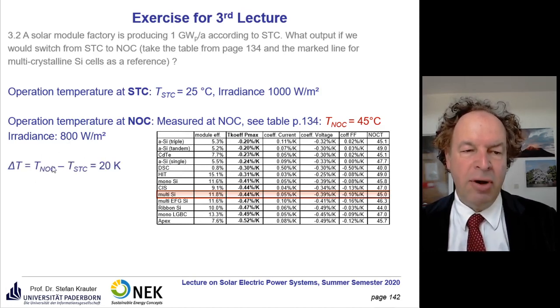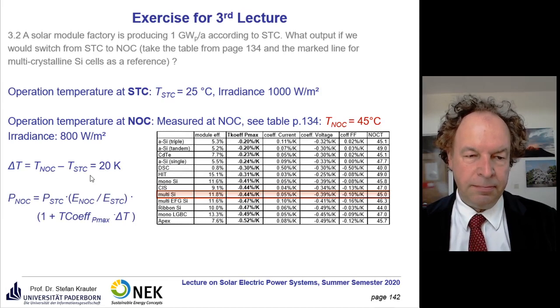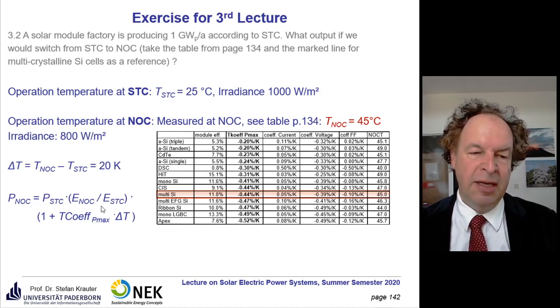So as I mentioned already, the temperature difference is 20 degrees. And the power output according to nominal operating temperature: we have a correction factor for the two different irradiance levels and one correction factor due to the more realistic increased temperature by 20 Kelvin.